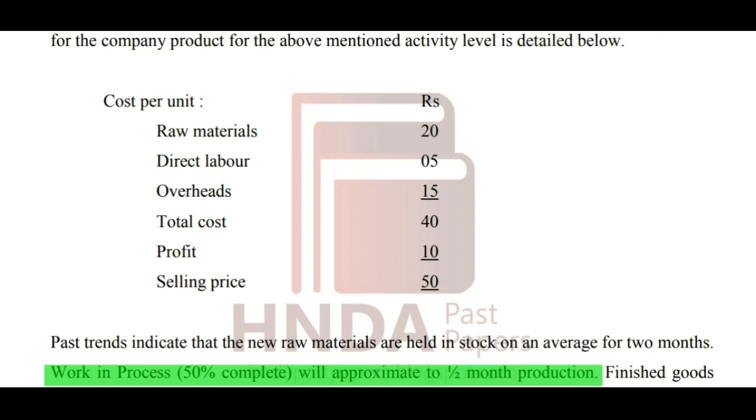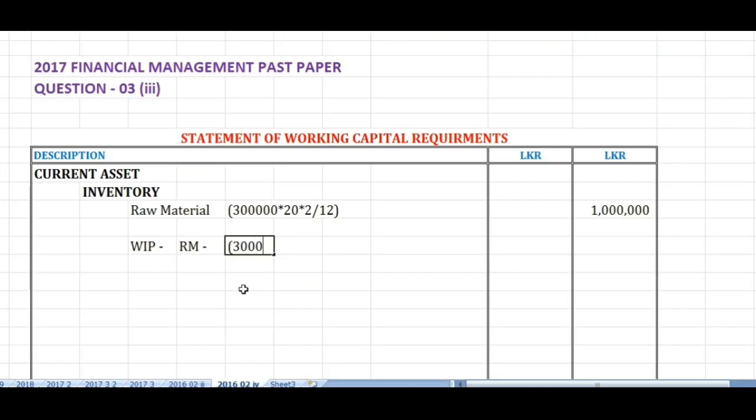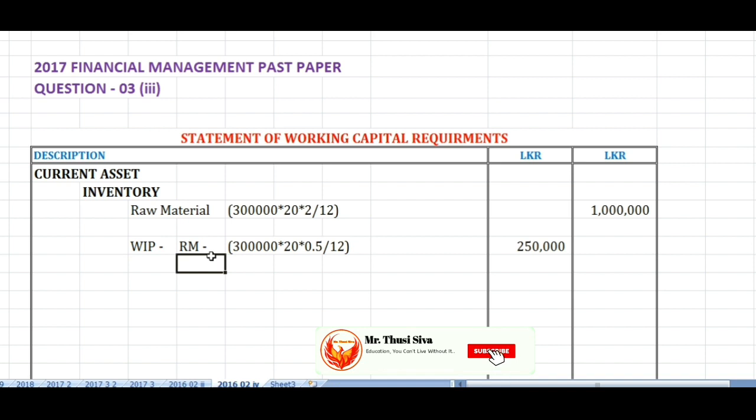So the stock period is half month. 300,000 activity level for the year into 20 rupees per unit value into half month production. So the raw material value for the work in progress is 250,000.